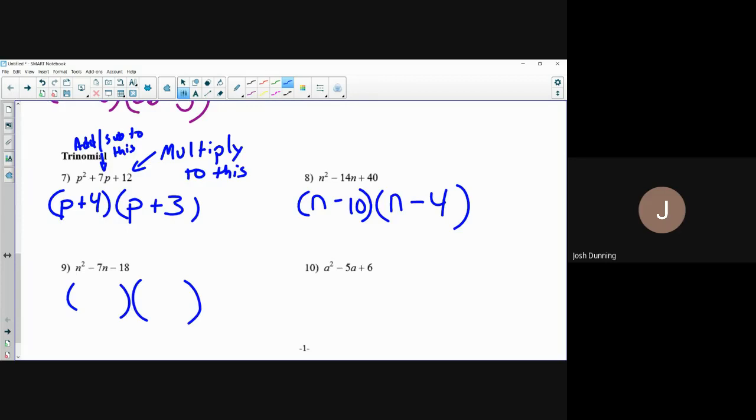The two numbers are opposites. So it's like they're going to subtract to 7. 9 times 2 is 18. 9 minus 2 is 7. So we got the right numbers. Now we just need the correct signs. If that middle would be negative, the bigger one, the 9, has to get the negative.